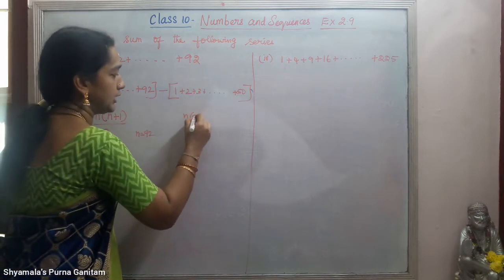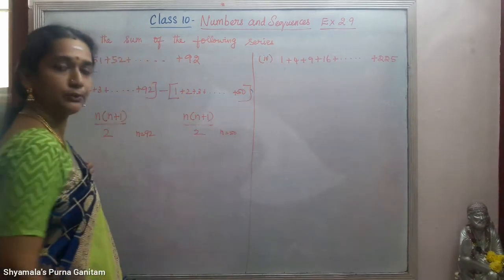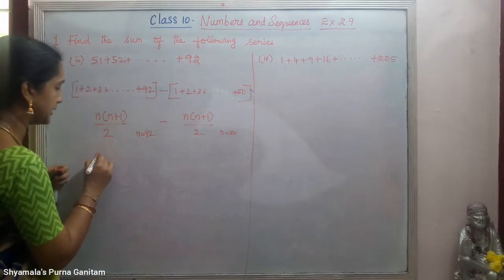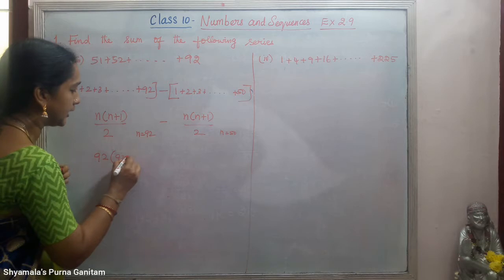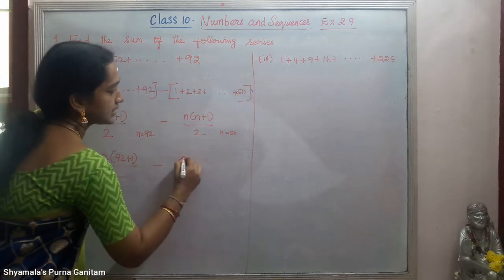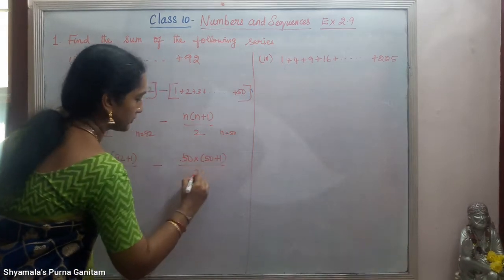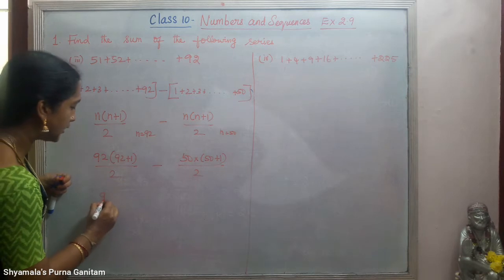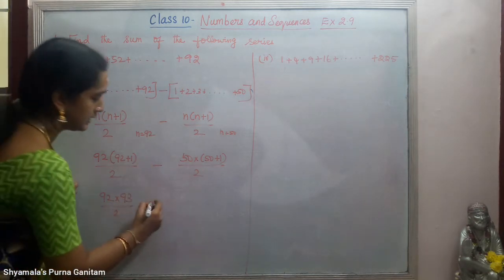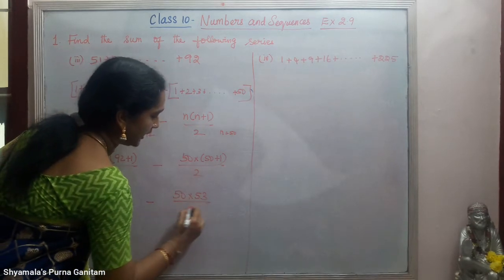For this one also n into n plus 1 by 2, where n is equal to 50. So both we will subtract. So 92 into 92 plus 1 by 2 minus 50 into 50 plus 1 by 2. So 92 into 93 by 2 minus 50 into 51 by 2.